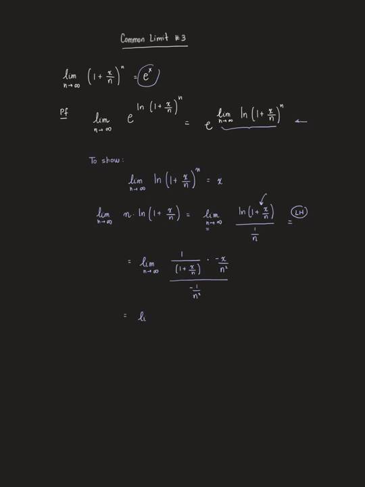So let's see what this gives us. Here we have the limit as n approaches infinity of 1 over 1 plus x over n times negative x over n squared, and dividing by negative 1 over n squared is the same as multiplying by negative n squared. So some things cancel out here. We have a negative times a negative, so that'll be positive. These n squared terms cancel out.